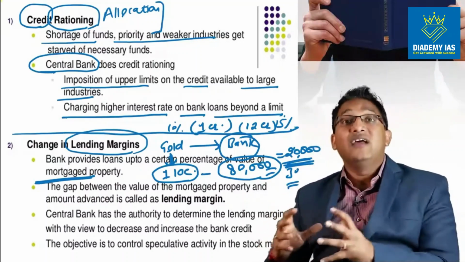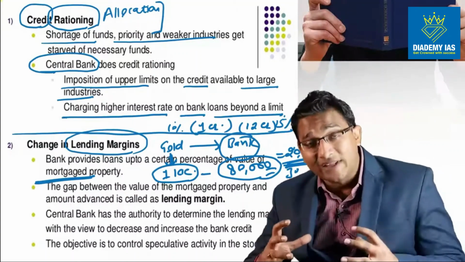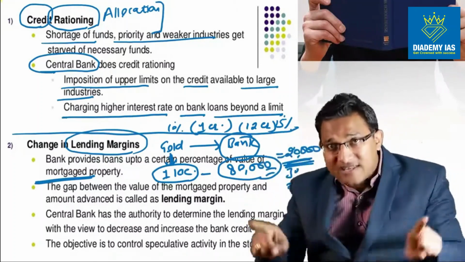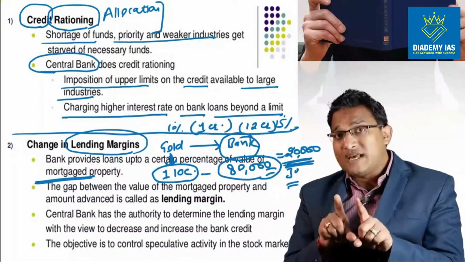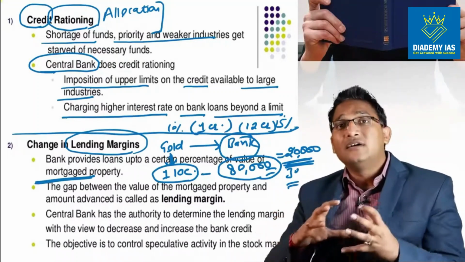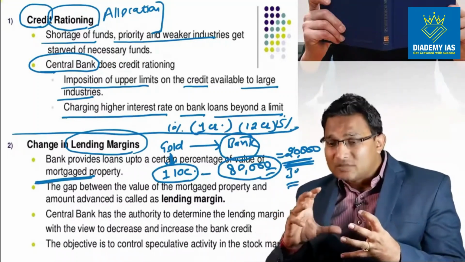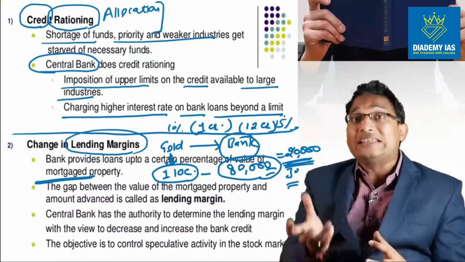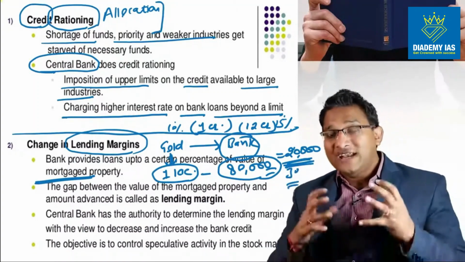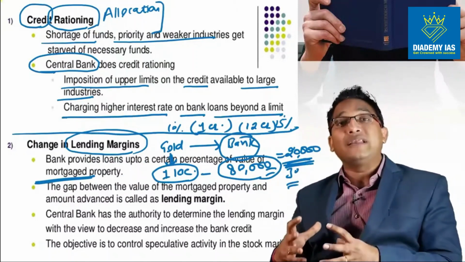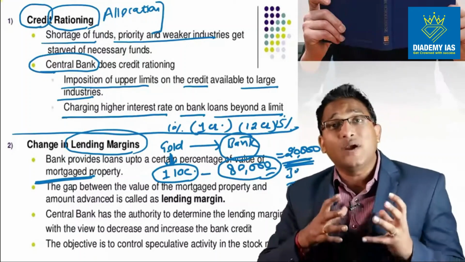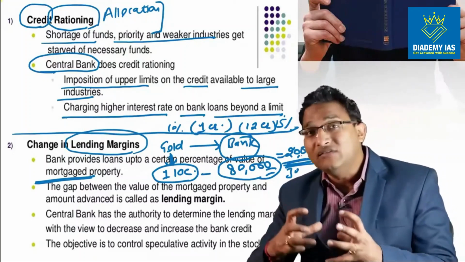For different sectors it will be used at different times so that the desired money supply can be maintained in a particular sector. For example, if there is a huge money supply in the home loan market, the lending margin will be increased so that less money is supplied in the home loan market. That is why this tool remains a selective tool. This is not a general tool, not a quantitative tool, this is a qualitative tool.